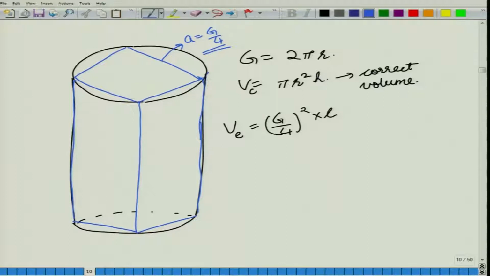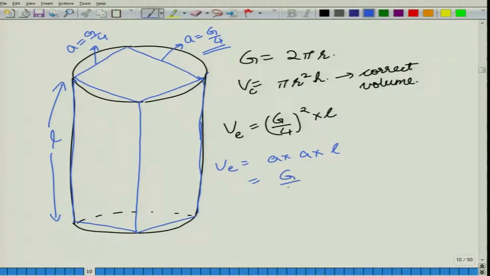So, it has a cross sectional area that is a square, A equal to G by 4, and the length of the solid is the same as the length of the cylinder. So, the volume is given by A into L, because the volume of a cuboid is length into breadth into height, and because A is G by 4, we are writing it as (G/4)^2 into L.